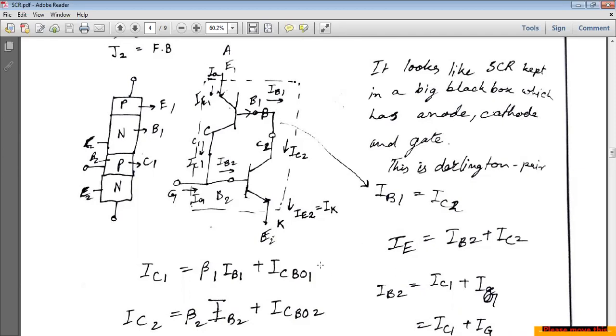Now IC2 equal to beta 2 IB2. If IB2 increases, then IC2 will also increase. IC2 now is equal to IB1, so IB1 will also increase.